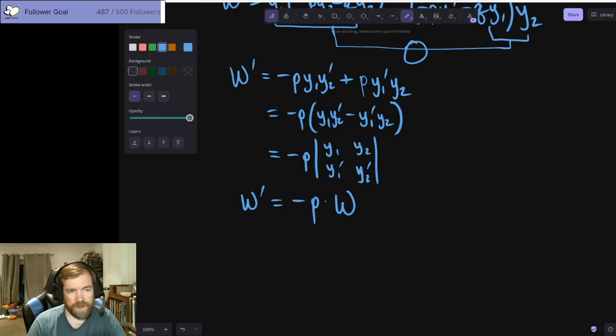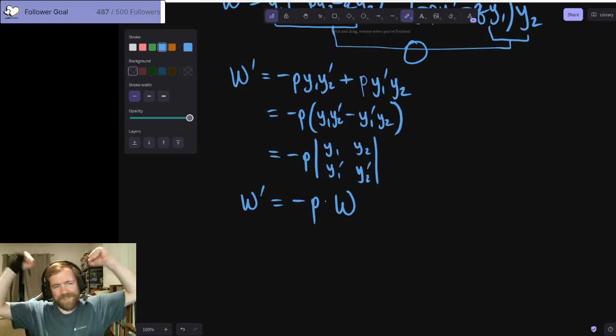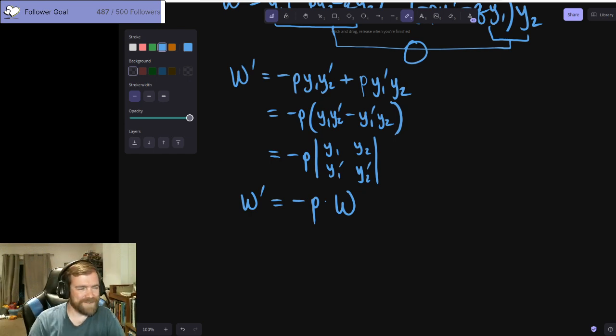So W prime is equal to negative p times W, which is a first order linear differential equation. Woohoo! W prime plus p times W is equal to 0, which means that we get the standard stuff that we've been working with this whole time.